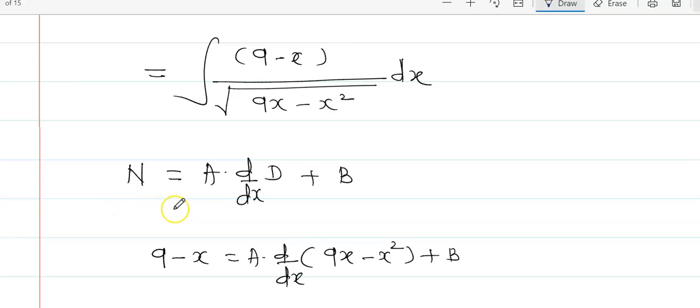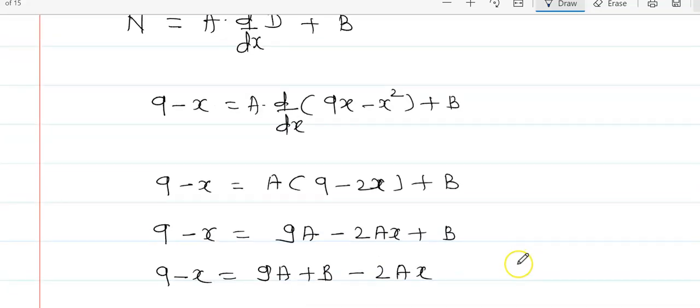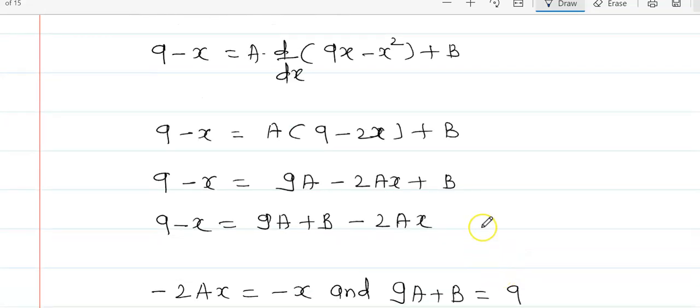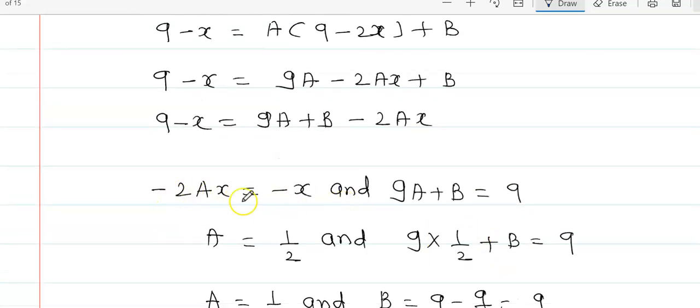Numerator is equals to a into derivative of the denominator plus b: 9 minus x is a into its derivative 9 minus 2x plus b. Find out the coefficient of x and the constant. That is minus 2a x is equals to minus x, a is equals to 1 upon 2, 9a plus b is equals to 9.